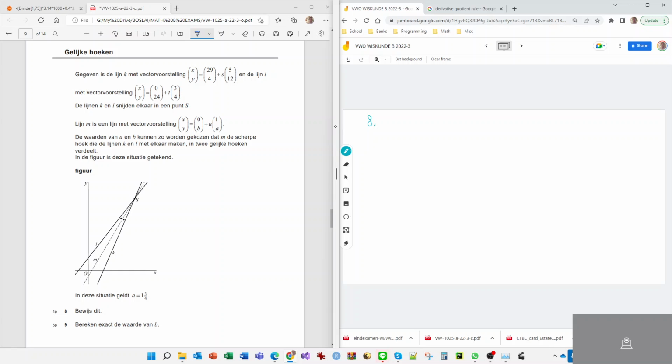So, since the directions are given by this vector 5/12 for line K and 3/4 for line L, 1/A for line M, we just need to calculate the angle between these.